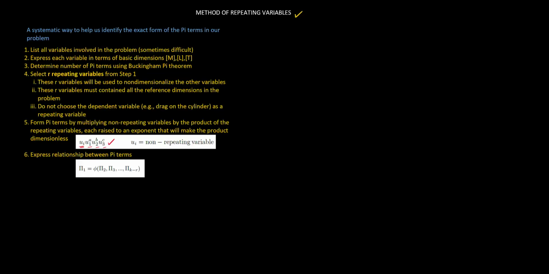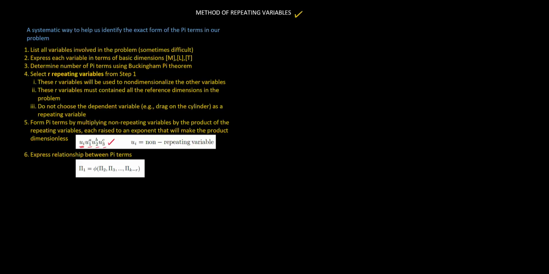Each will be raised to an unknown power, a, b, and c. We'll multiply all of these variables together and try to make them non-dimensional by finding what a, b, and c are. And then finally, we're going to express the relationship between the pi terms. Now, this is a lot to take in, but it's actually quite straightforward. And this method is best understood by an example.